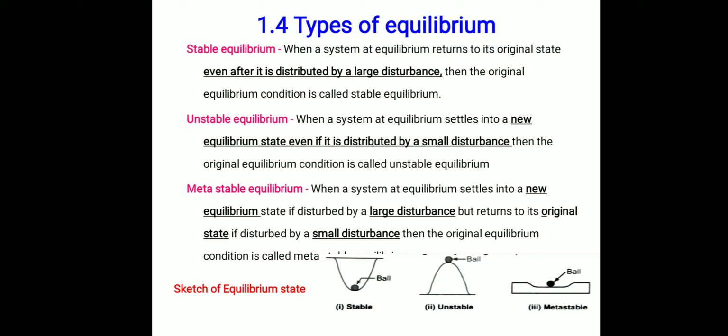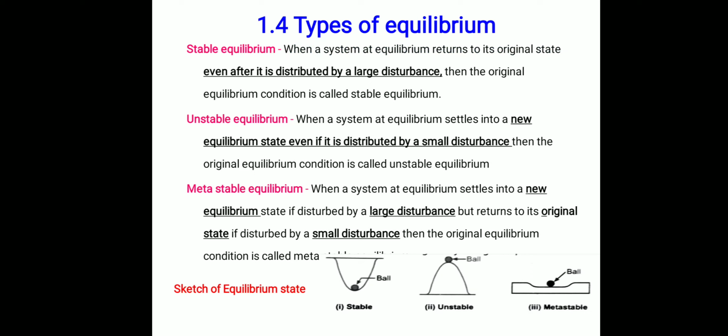Then there are types of equilibrium. Equilibrium means near about balancing. There are three types of equilibrium initially, and other types also. First is stable equilibrium, second is unstable, and third is metastable.